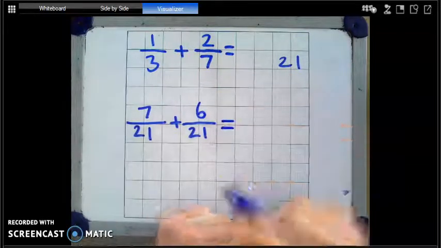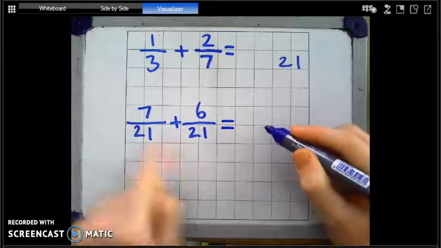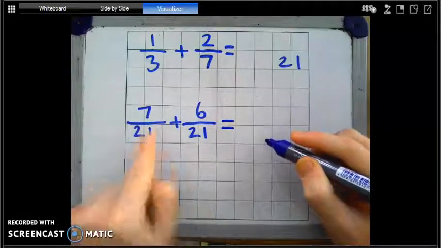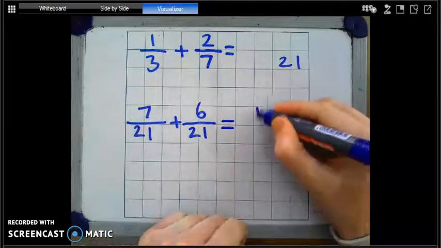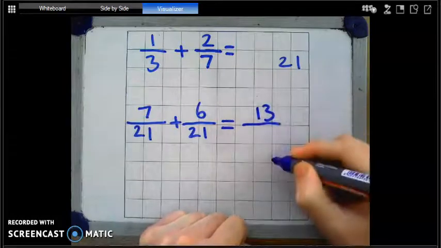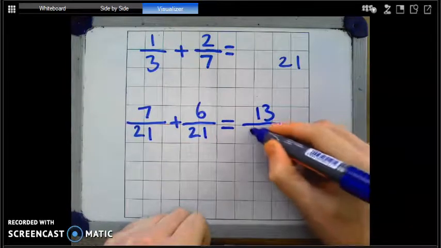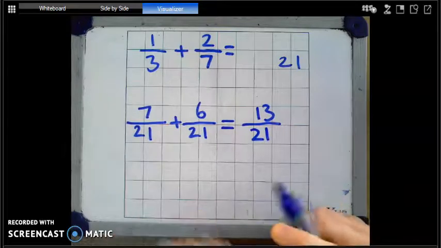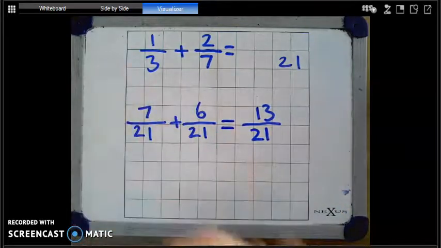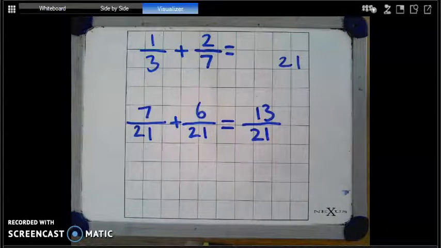Add the numerators together. 7 plus 6 is 13, and as always we do not add the denominators together. 1/3 plus 2/7 is 13 over 21.